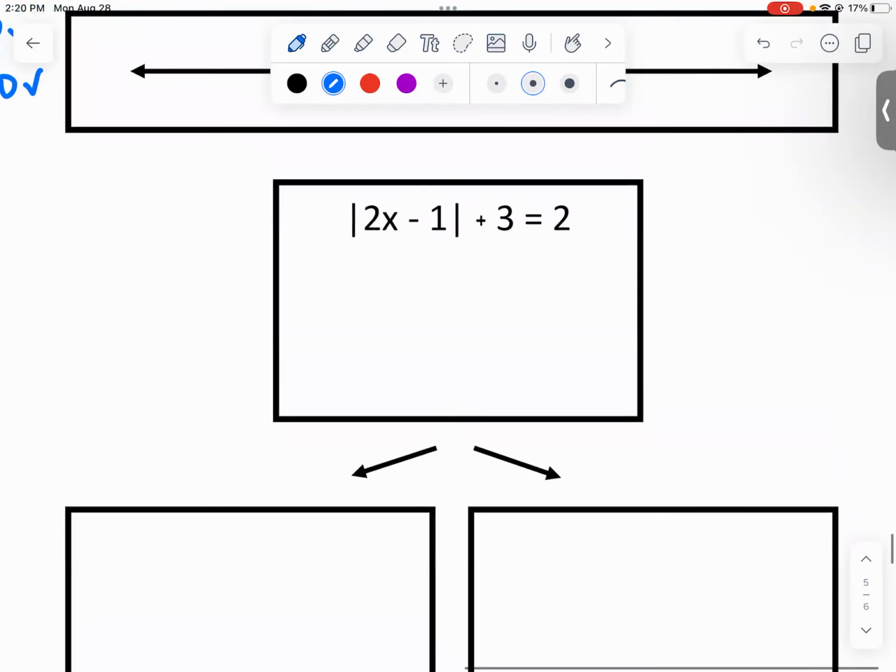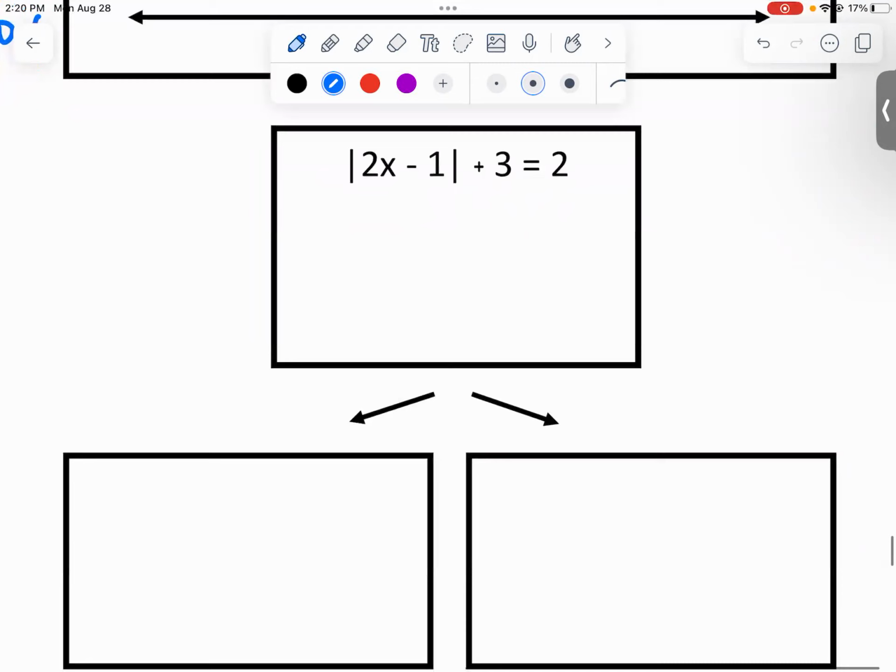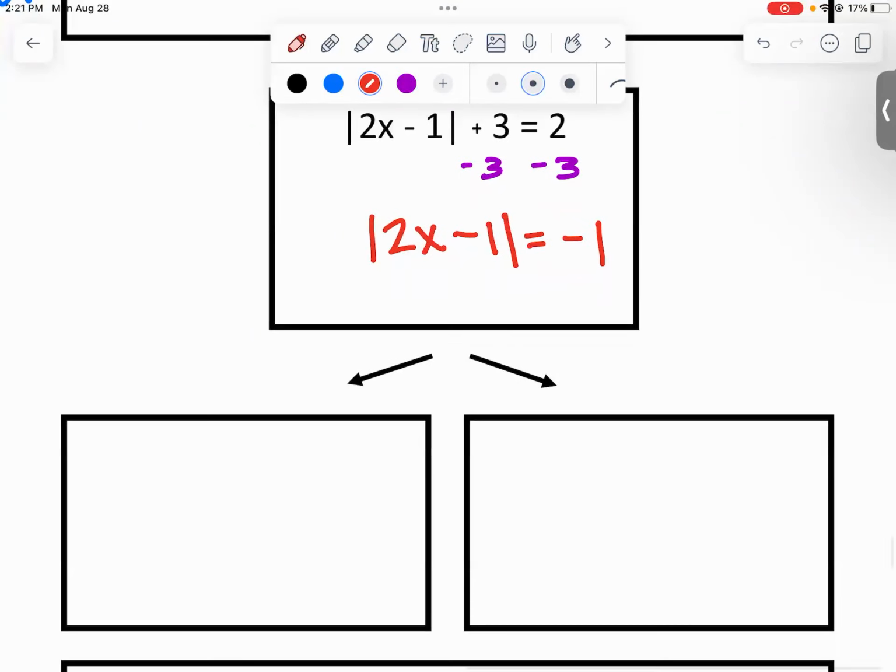Fair enough. All right, so let's look at this one. Are we ready to write our two equations? No. We need to say that the absolute value of 2x minus 1 equals negative 1. Have we isolated the absolute value?